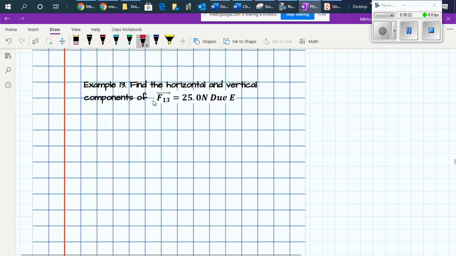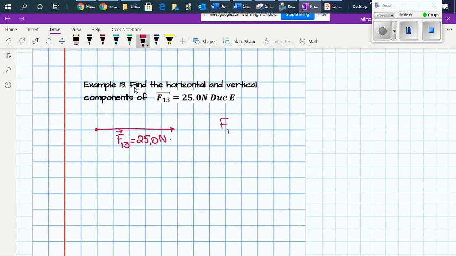And the last one, I think, is due east. So you have a vector that is due east, F13, 25 newtons.